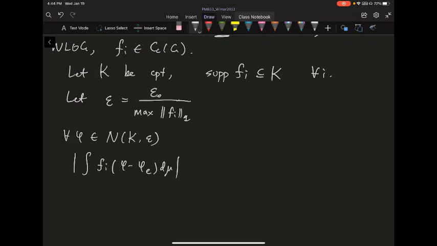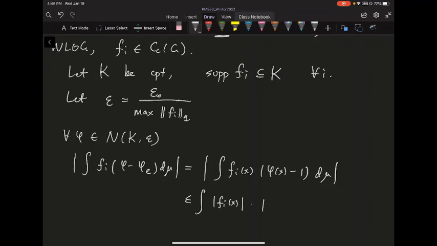Let's just write it out first. This is the integral of fi(x) times phi(x) minus phi E, which is equal to 1, d mu. This is less than or equal to the integral of the absolute value of fi(x) times phi(x) minus 1, d mu.